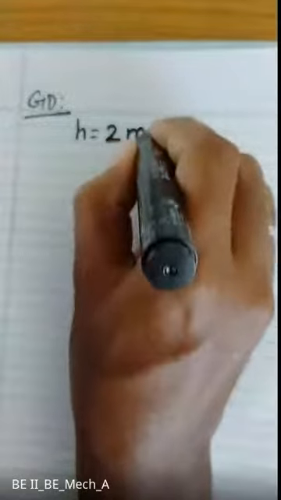But in this problem, they have clearly mentioned that the capillarity rise in the tube is to be restricted to 2 mm. That means the capillarity rise should not go beyond 2 mm. So the total capillarity rise is 2 mm. That is the given data, so you can directly take this as H, because it is a capillarity rise of 2 mm.